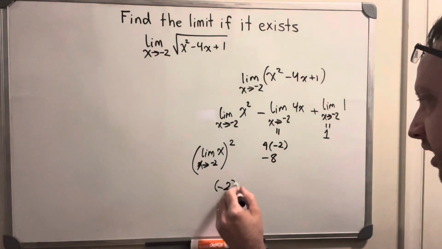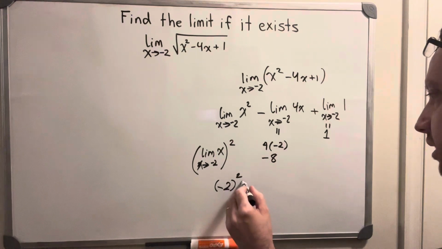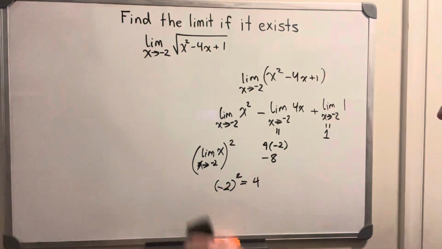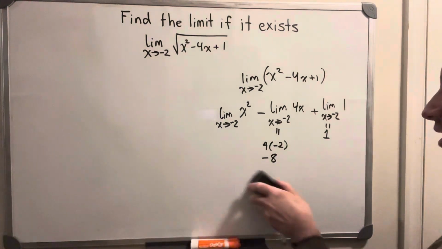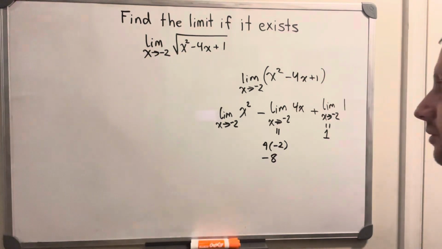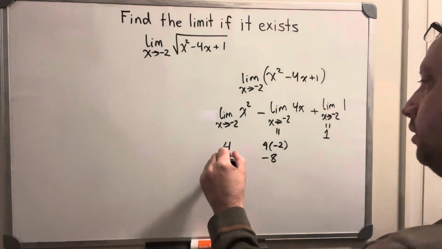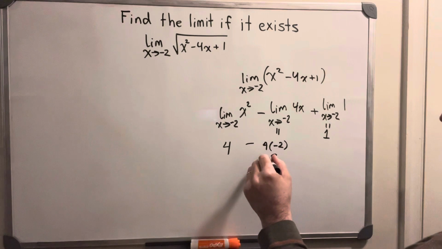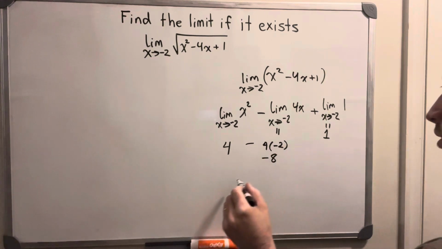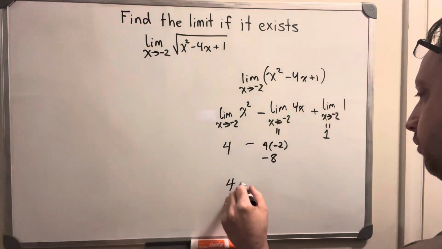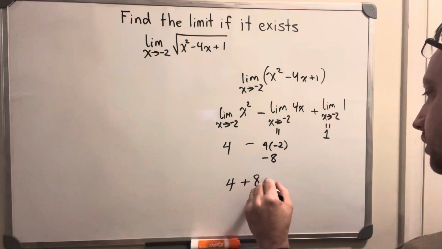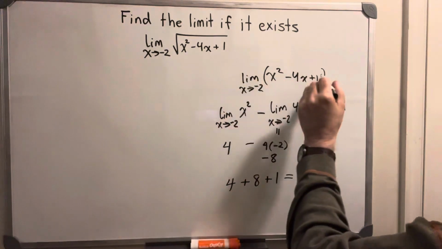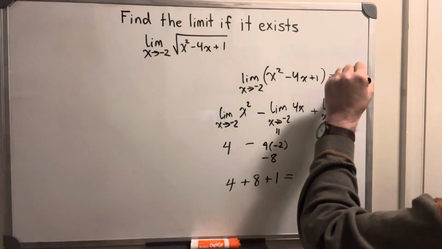And what's -2 squared? It's equal to 4. So now this is 4. 4 minus -8 plus 1 is 4 plus 8 plus 1. That means that this equals 9.